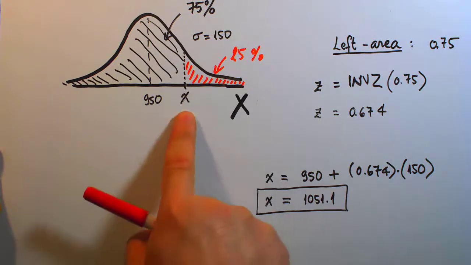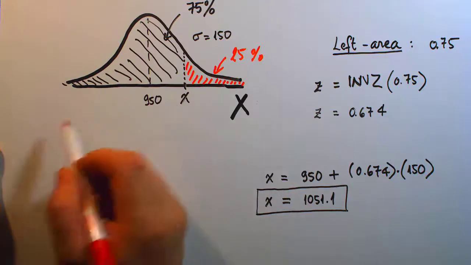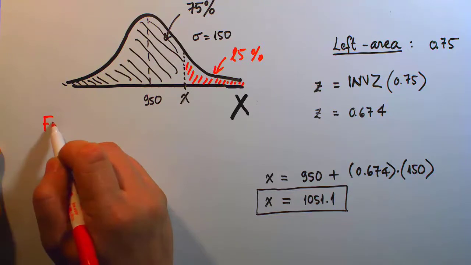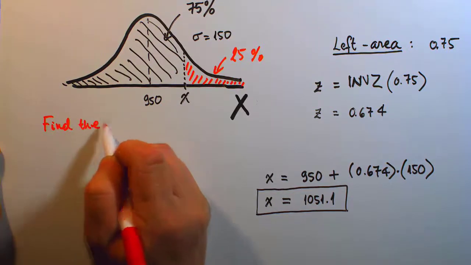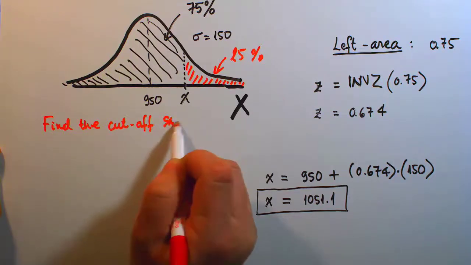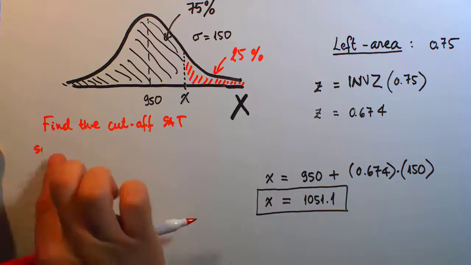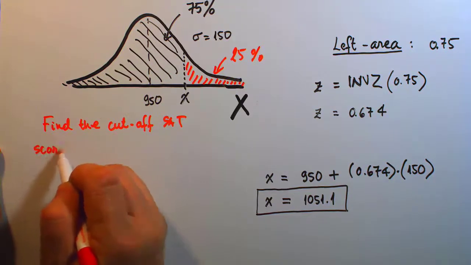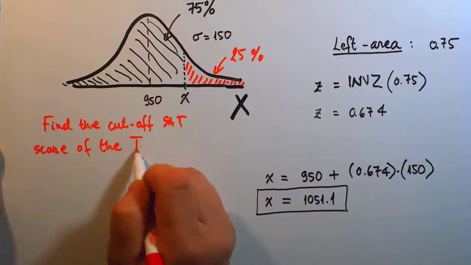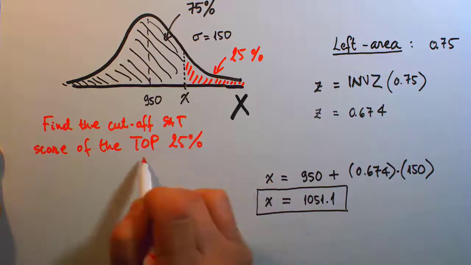My point is this same exact problem sometimes could be worded as: find the cutoff SAT score of the top 25%.